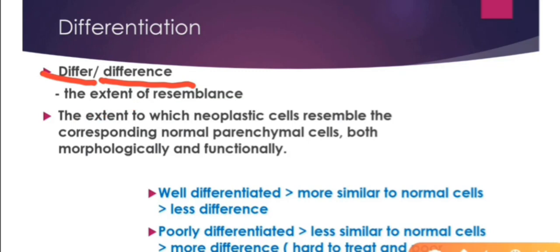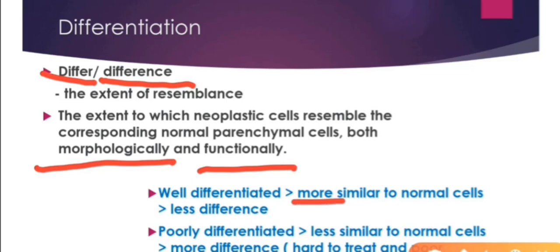So, differentiation can be defined broadly as the extent to which neoplastic cells resemble the corresponding normal parenchymal cells, both morphologically and functionally. So if we say well differentiated, it means more similar to normal cells, or more resemblance to normal cells. That means less difference.